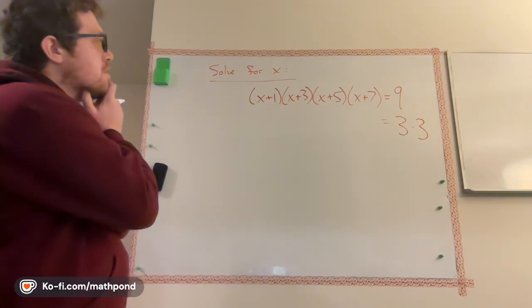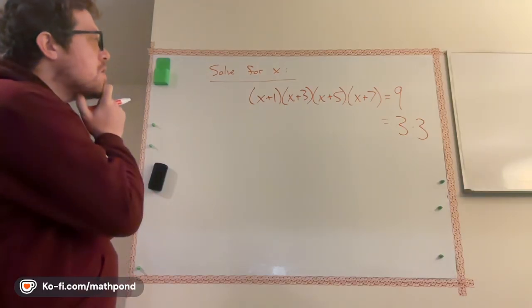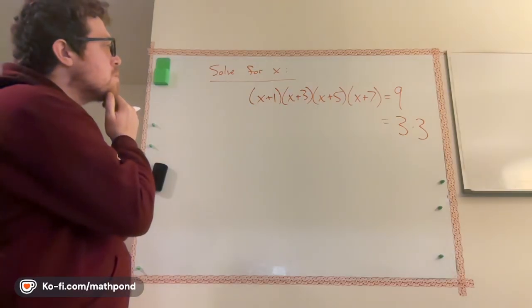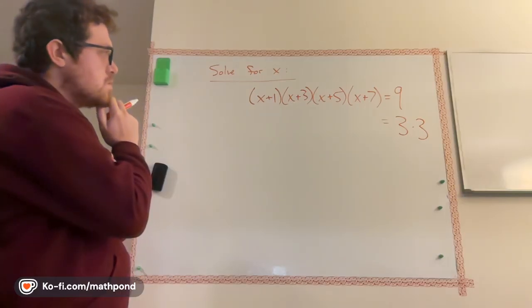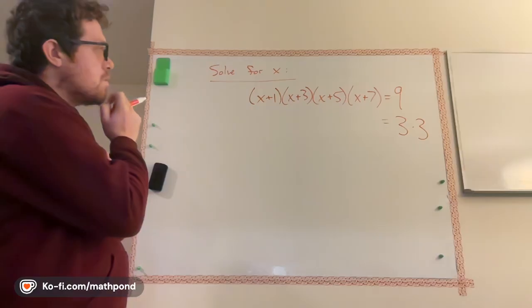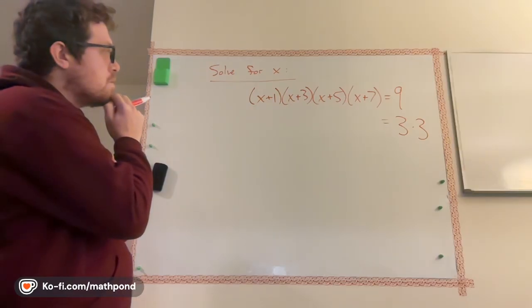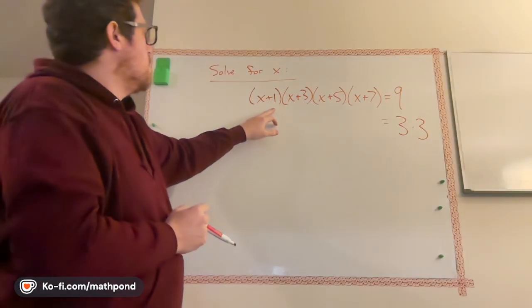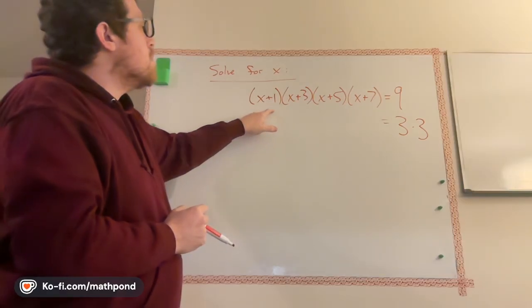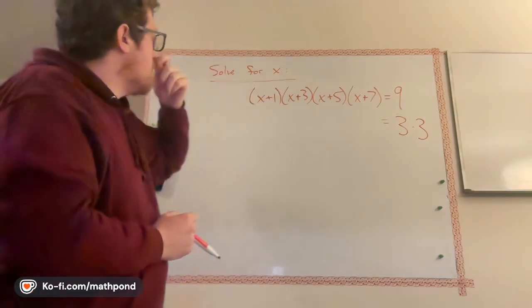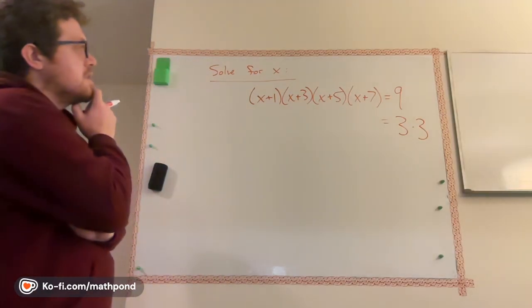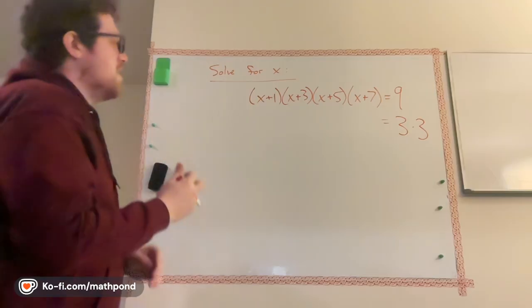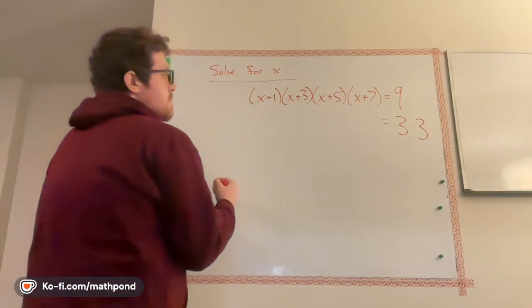So let's see. Oh, okay. So 1 times 3 times 5 times 7. Subtract 9. Okay, well, I'll try some stuff and then maybe it doesn't work.